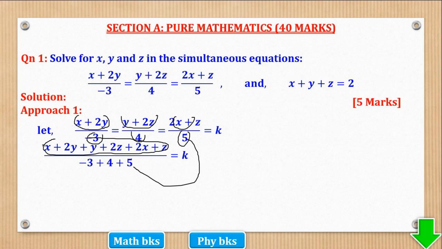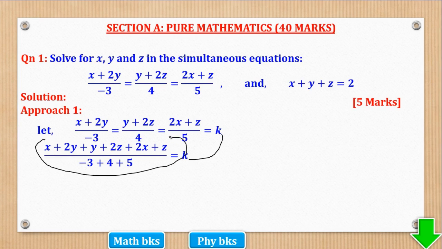So the new numerator is the sum of all the numerators, and the new denominator is the sum of all the denominators. Still, it is equal to k. That is the rule. You needed to know that rule to solve such a question, but we shall see how you can bypass this rule in the second approach.